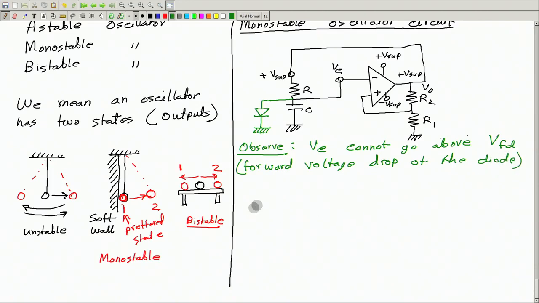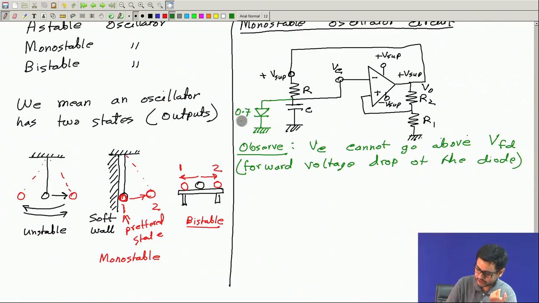So why will this voltage not go beyond that? Because this voltage can always be high. This can be plus V supply, which is plus 15 volt, but this forward drop is something around 0.7 volt for a silicon diode.